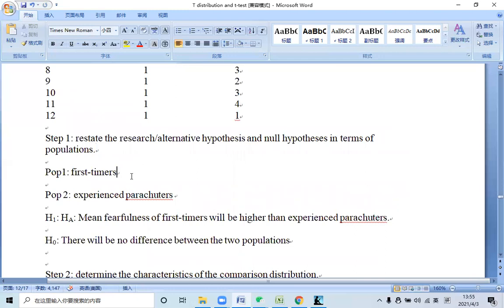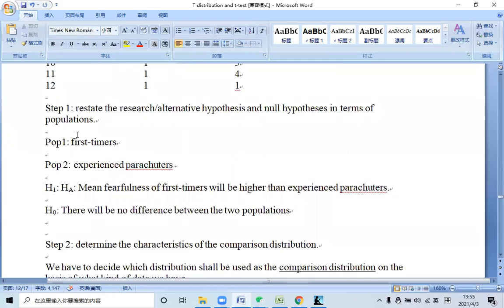You are concerned with two populations. Population one, first-timers, people who have no experience in parachuting. Population two are those people who have more than 1 year's experience in parachuting, experienced parachuters.